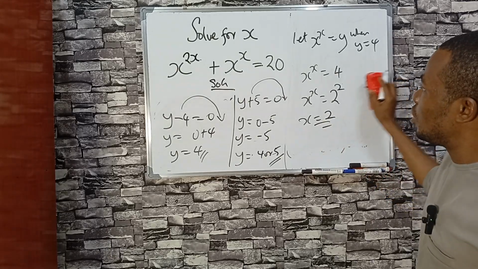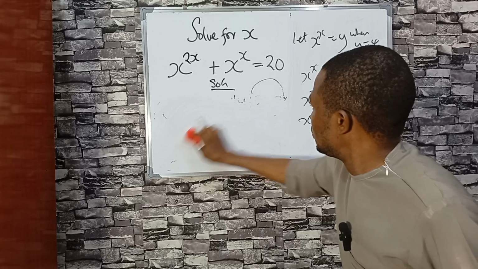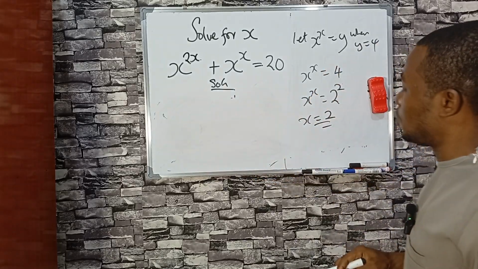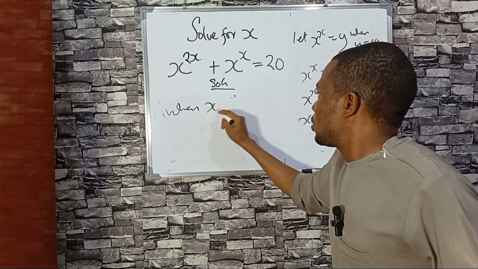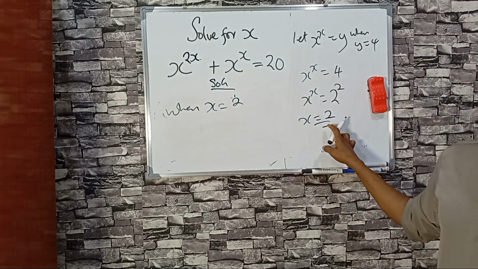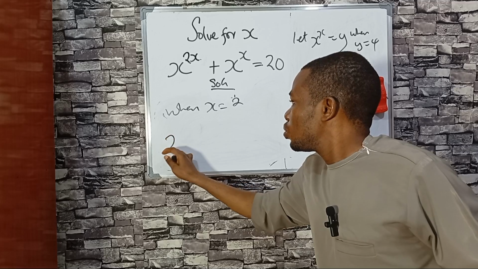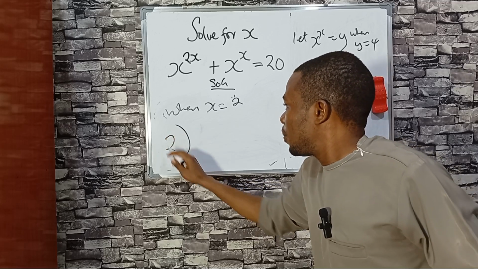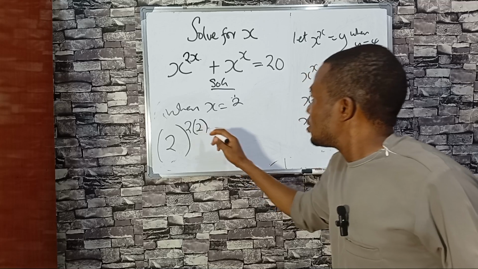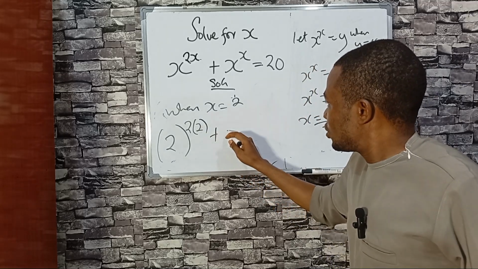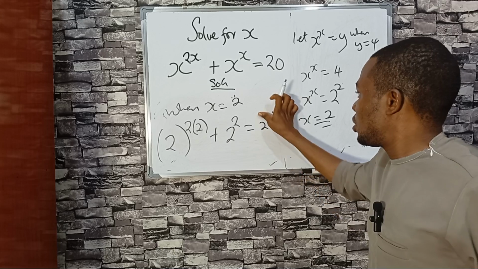Now let's prove it. When x equals 2, as obtained from here, we have 2 times 2x, that's 2 times x, plus x times x to the power x.